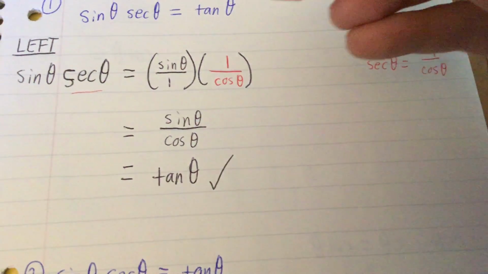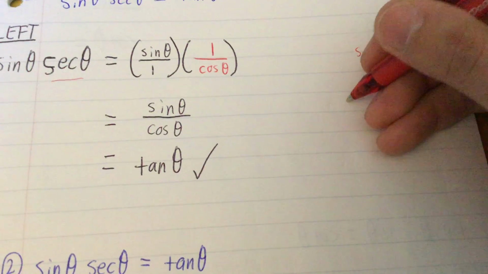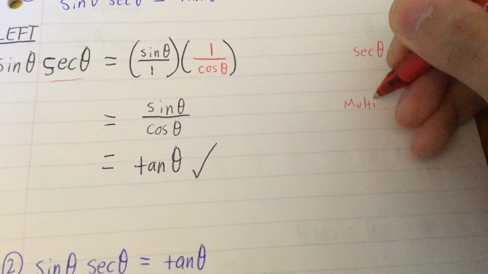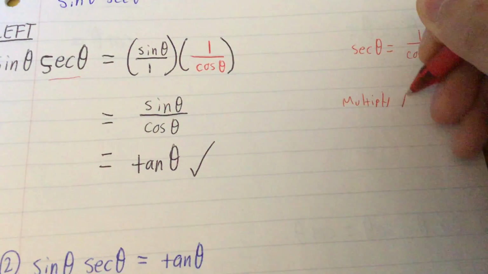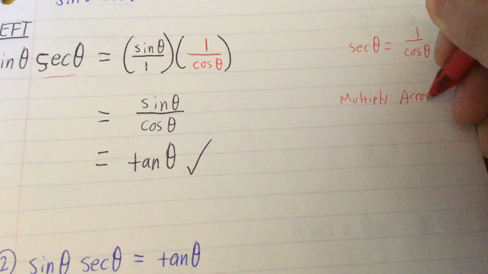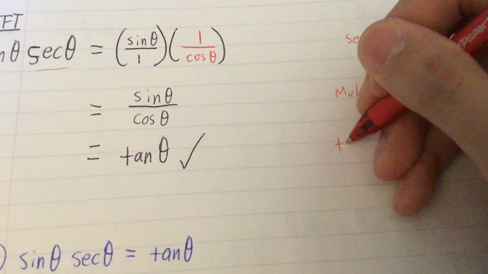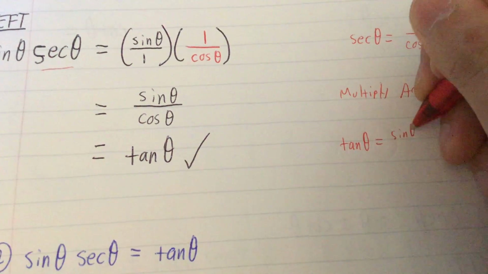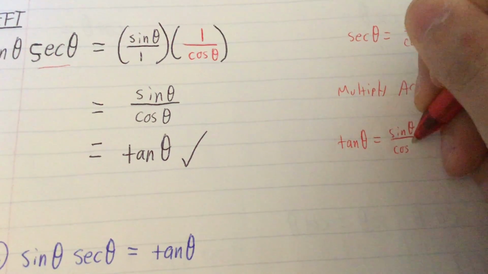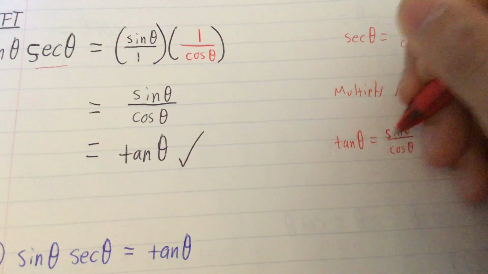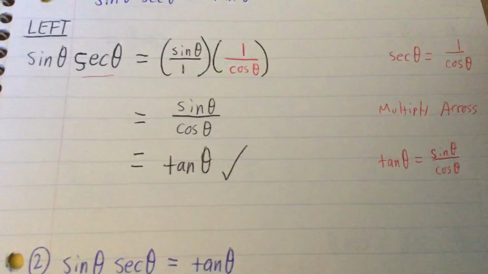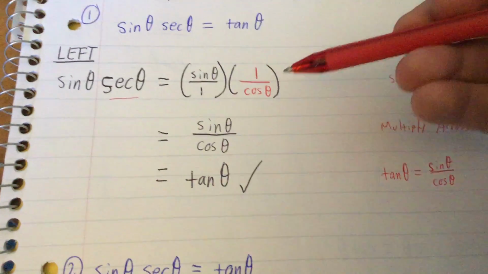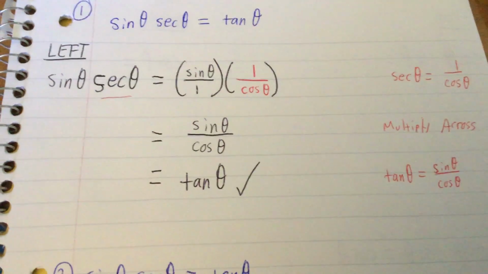That's what I did on the side. And all I did was multiply across here. And by definition, tangent of theta is equal to sine over cosine. Make that a little bit clearer. Can you see that we did this axiomatically, step by step?